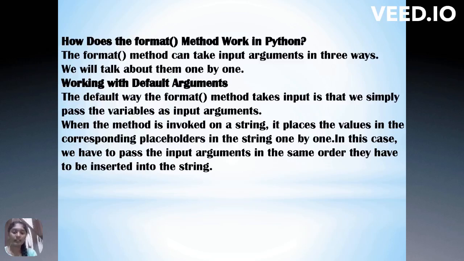When the method is invoked on a string, it passes the values into the corresponding placeholders in the string one by one. In this case, we have to pass the input arguments in the same order as they have to be inserted into the string.